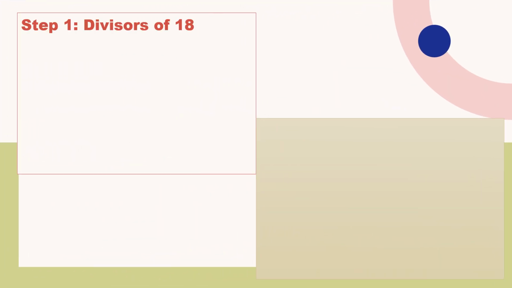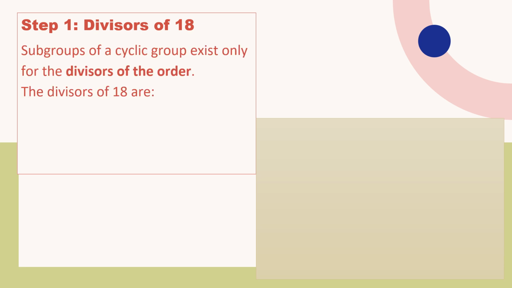First step, divisors of 18. You are given a group, which over here is Z18, and you have to make the cyclic subgroups for that group. So first of all, you take the order, N, which is 18. Then you write down its divisors. The rule here is that the subgroups of a cyclic group exist only for the divisors of the order.